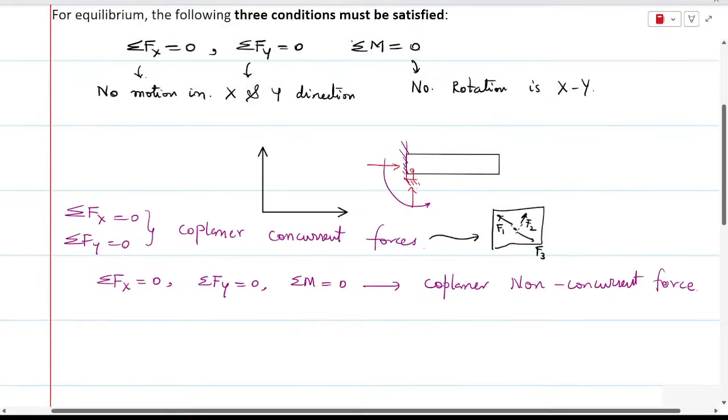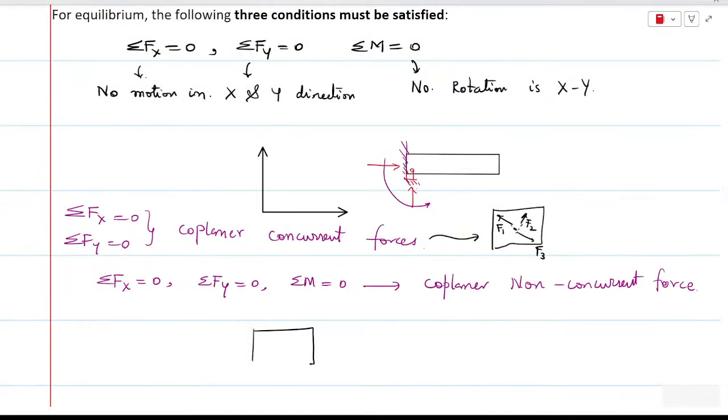Now, in the second scenario, in the xy plane, we have force F1 like this, parallel, F2 is horizontal, and F3, let's say, is also horizontal. So here F2 and F3 will not be intersecting. Instead, they are parallel to each other.